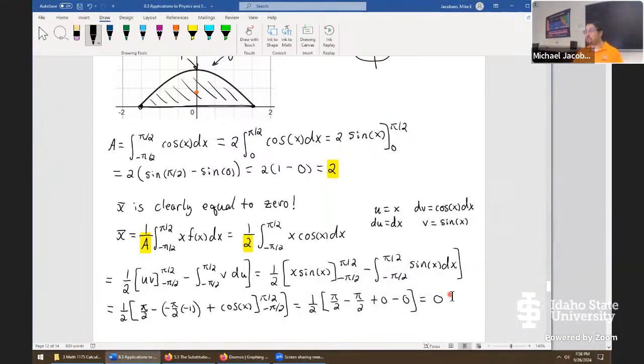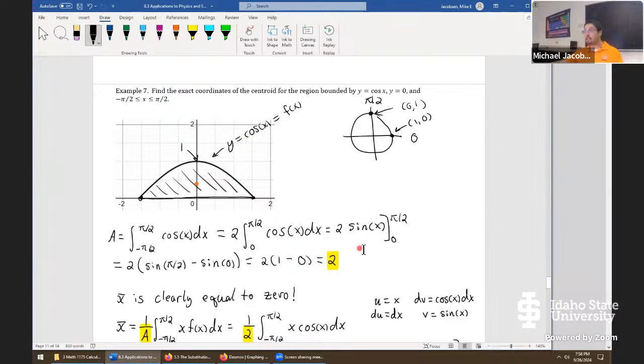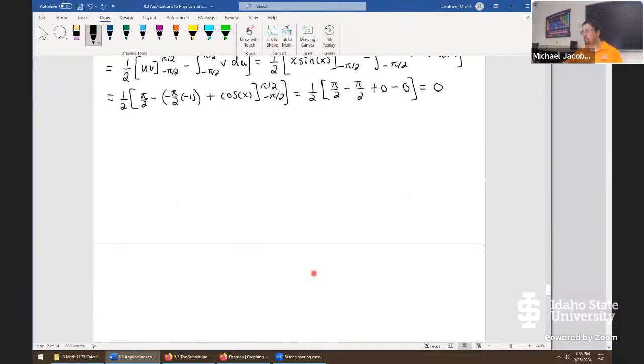Well, one last coordinate to go, y bar. So that one's not so bad. Let's recall the function is cosine x. And let's write down the formula next. I'll hope for the best that we can fit it on one page.